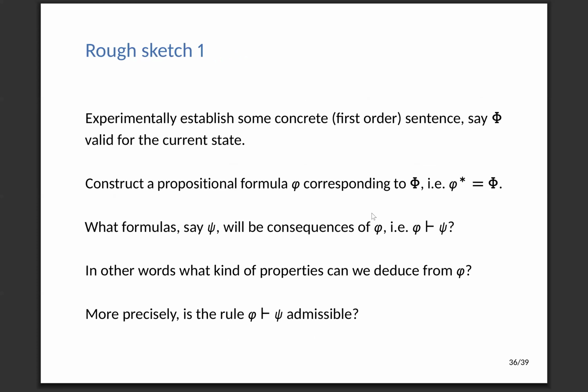So what can be the approach, and how can we use these tools for real life situations and real life cases? The first rough sketch is that suppose we experimentally establish some concrete first order sentence, say phi prime, valid for the current state.